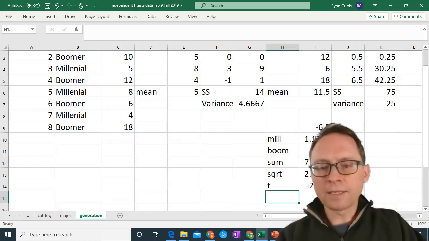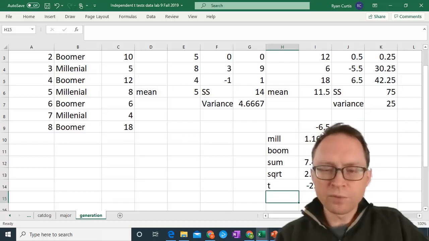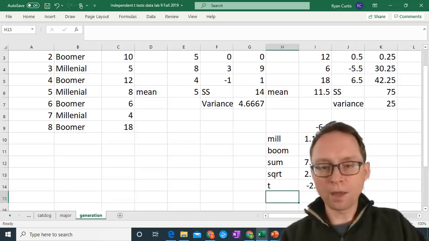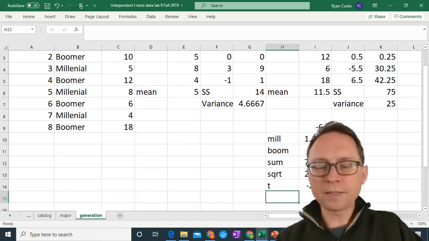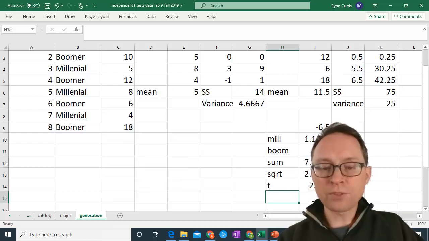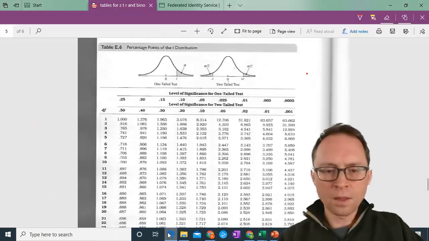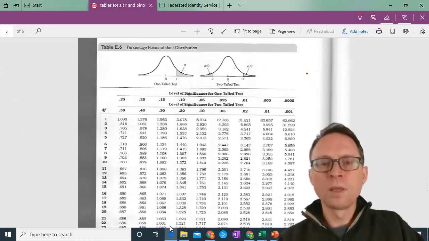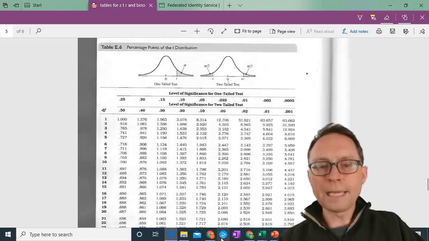Now, when we look at negative 2.387, which is about negative 2.39, we have to see whether or not we can reject or fail to reject the null hypothesis. So to figure this out, we look at the table. There are in total 8 people.